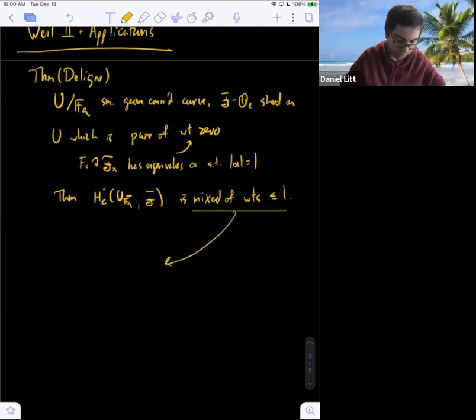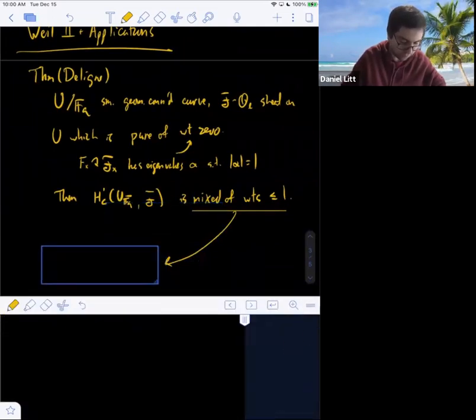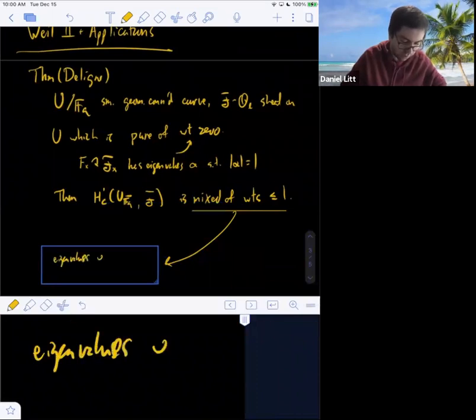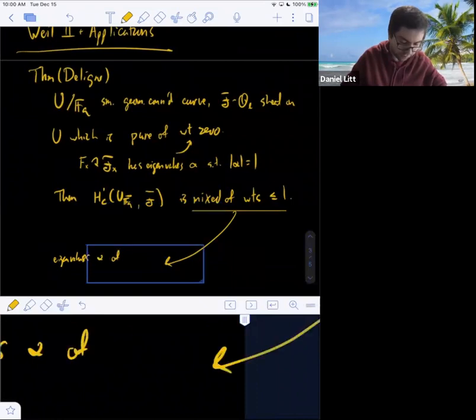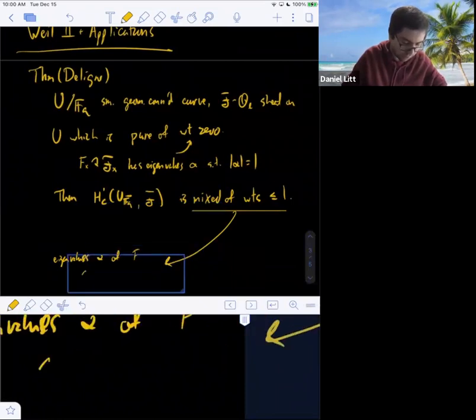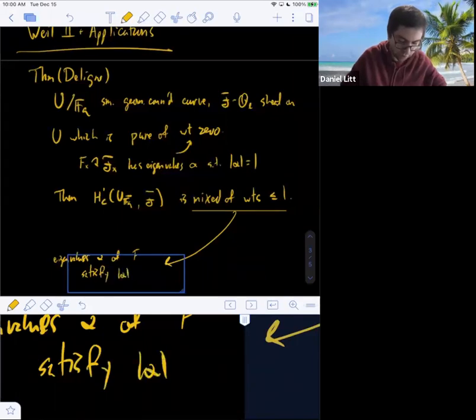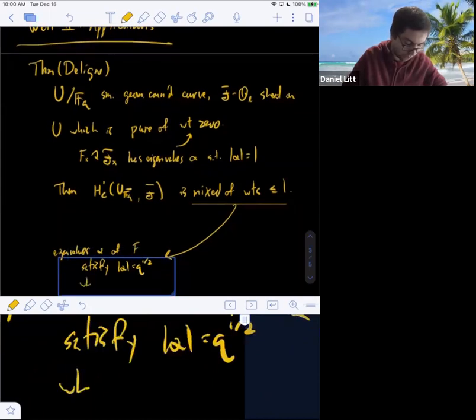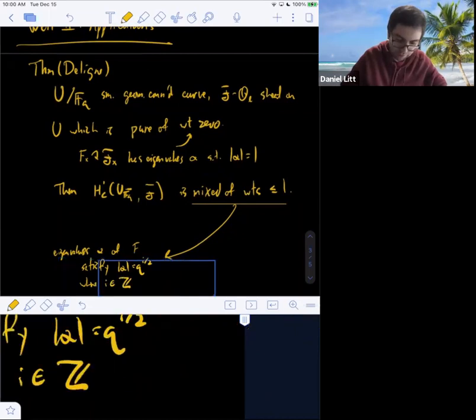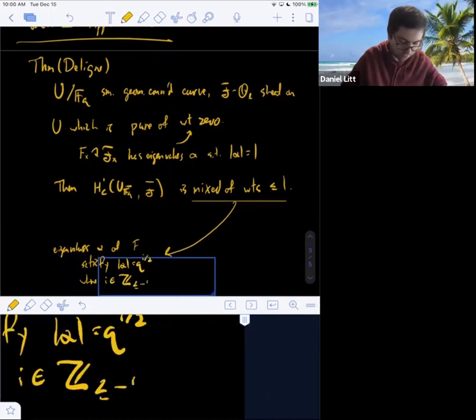This means that the eigenvalues alpha of Frobenius satisfy alpha is Q to the i over 2, where i is in Z greater than or equal to -1. Sorry about that.